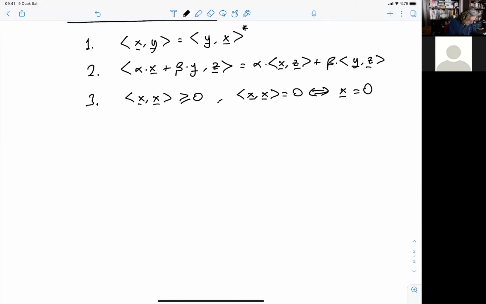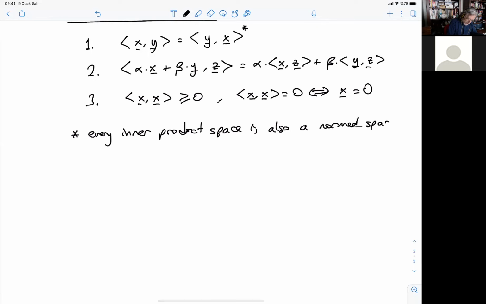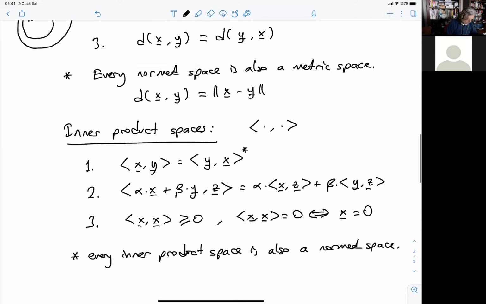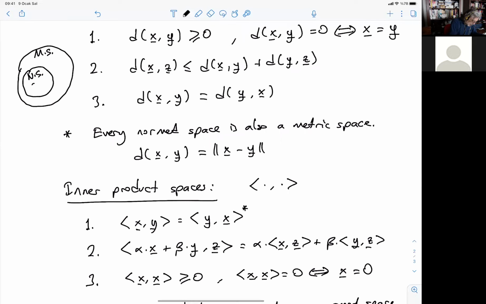Now, the final concept with respect to which is a subset of the other one, which is inside the other subset, is every inner product space is also a normed space. So essentially, the inner product space is the innermost space that we have, inner product.